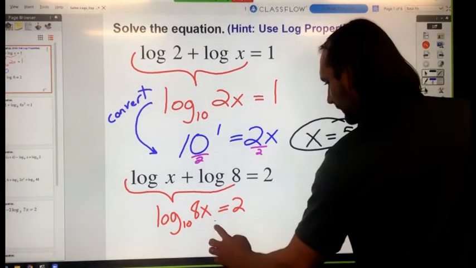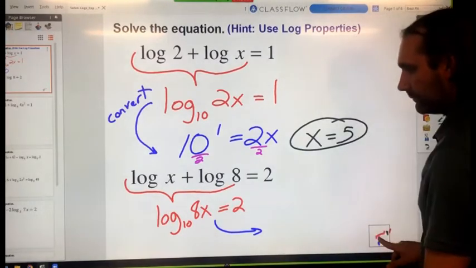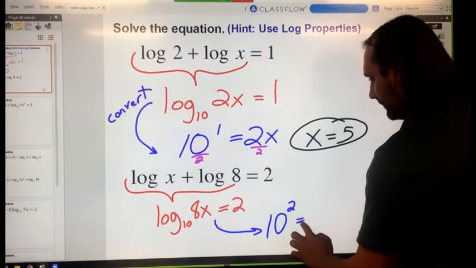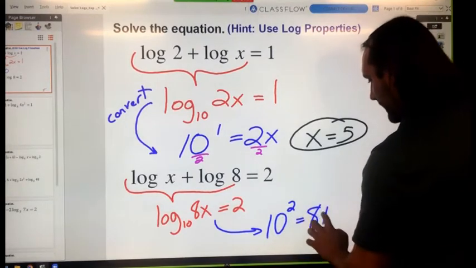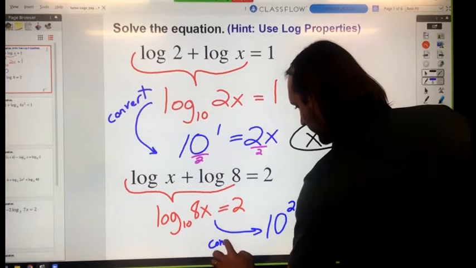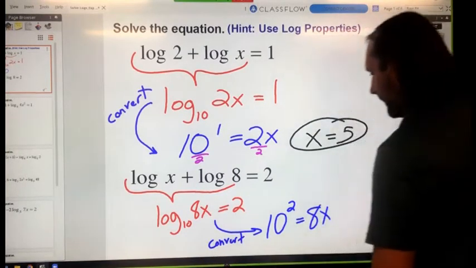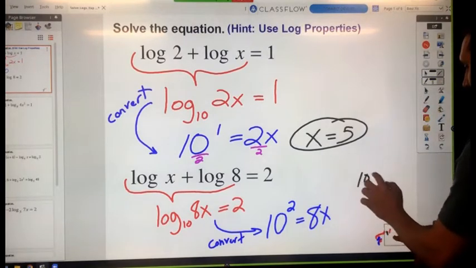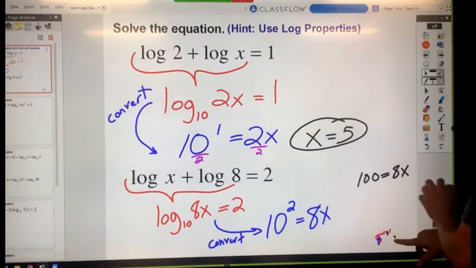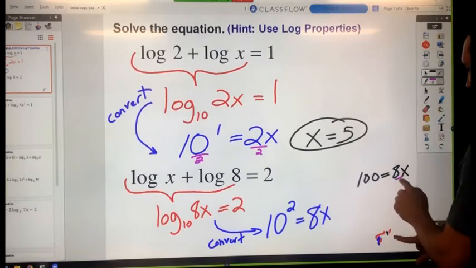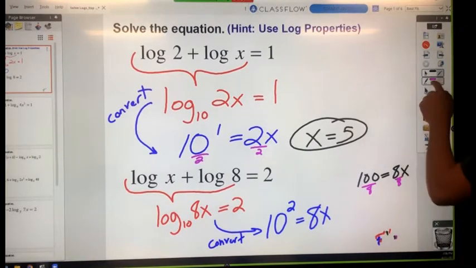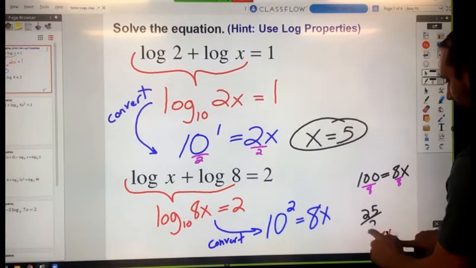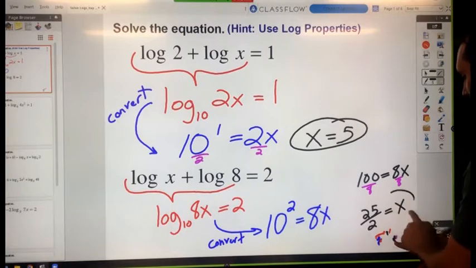So what does this look like as an exponent? 10 to the 2 equals 8x. So 10 times 10 is 100, divided by 8 over 8x. Divide by 8 on both sides, and roughly this simplifies to 25 halves equals x.